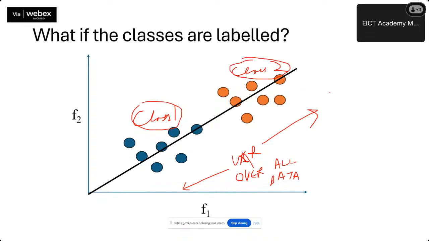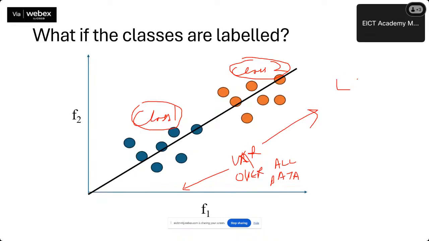So, can I adapt my PCA technique to also make use of the fact that I have the class labels? Can I use the class labels in my decision making? Can I somehow get help of these class labels and do something about it? And that's exactly what my aim would be.